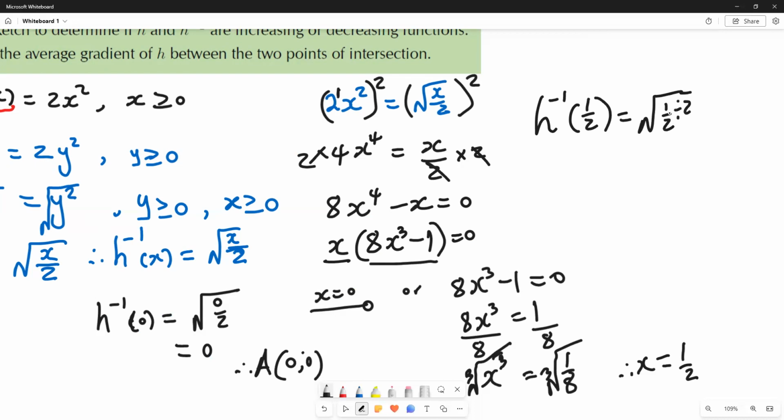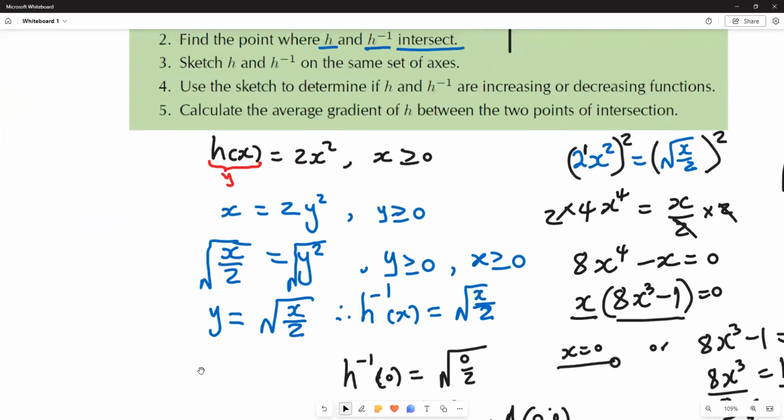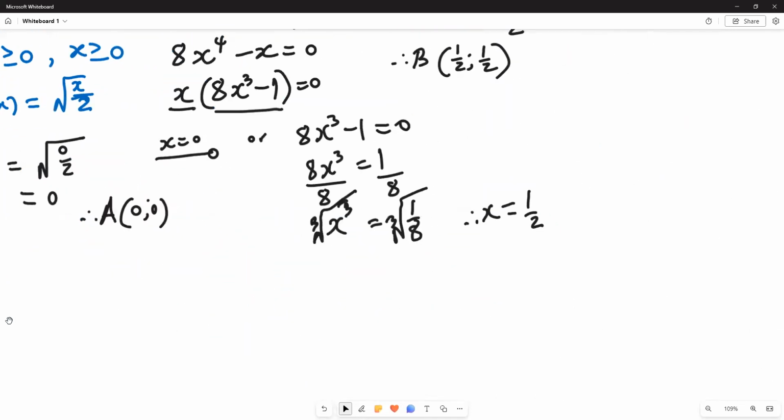Remember, this is x divided by 2, which is going to yield a half when you simplify it. So the second point of intersection is B, which is (half, half). Now it's easy to draw the graphs because we have these two points where they intersect. Perfect. So the third question wants us to sketch these graphs. Okay, let me make our Cartesian plane to sketch.